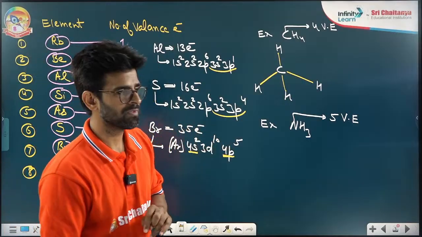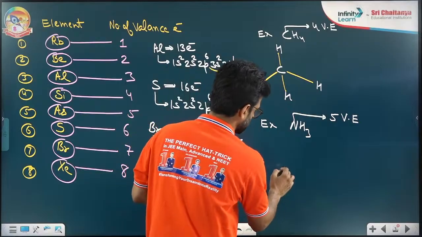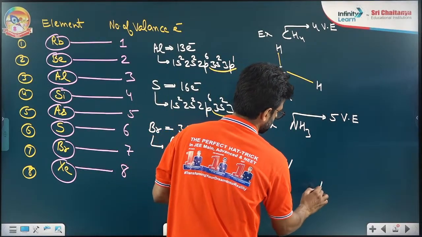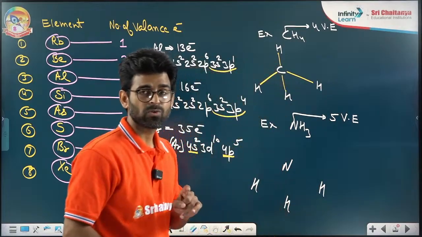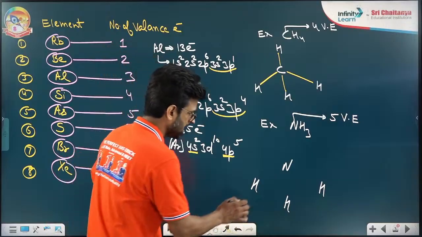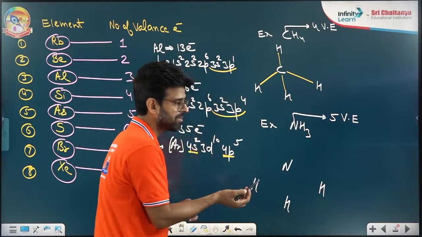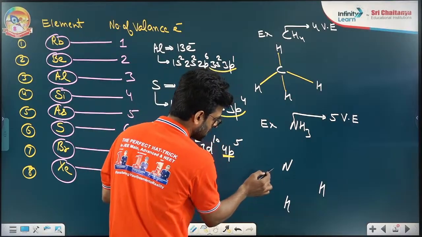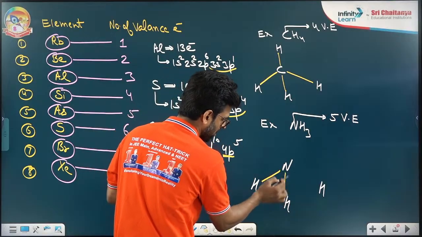So I will put nitrogen here, and hydrogen like this. Nitrogen has 5 valence electrons. Hydrogen makes how many bonds? 1 bond always.